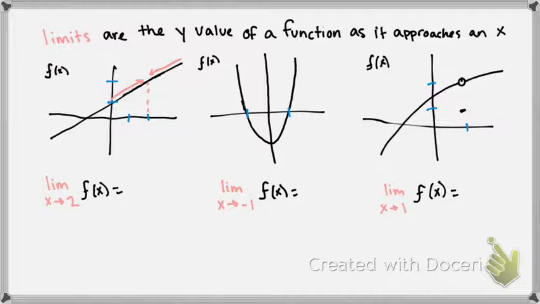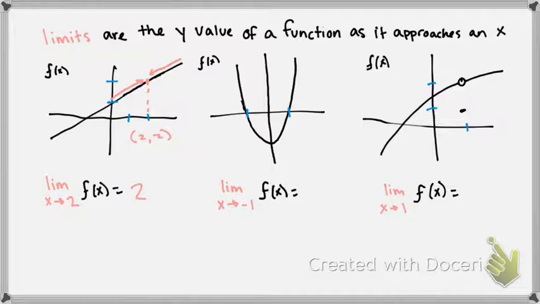In this case, it looks to me like the point we're approaching is 2. So the limit as x approaches 2 of the function would be 2, because your y as you approach 2 is going to equal 2.